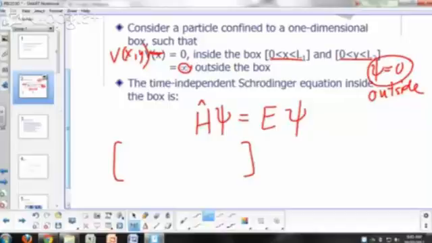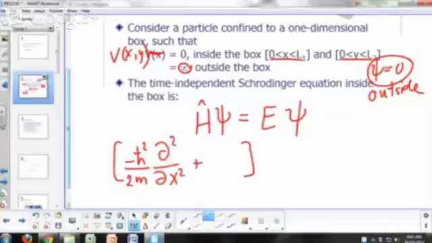What's the operator for kinetic energy due to motion along the x-axis? Negative h bar squared over 2m times the second derivative with respect to x, and this time, since we have two independent variables, we have to use partial derivatives.